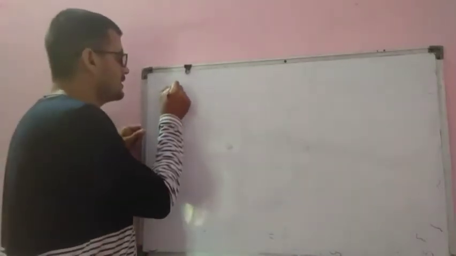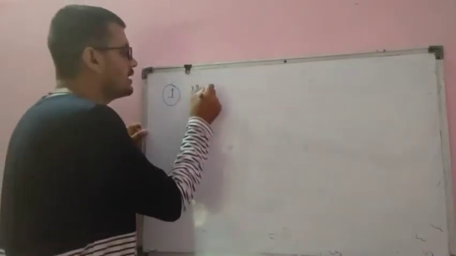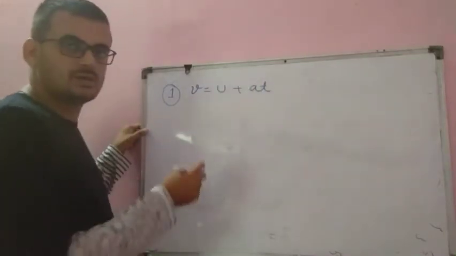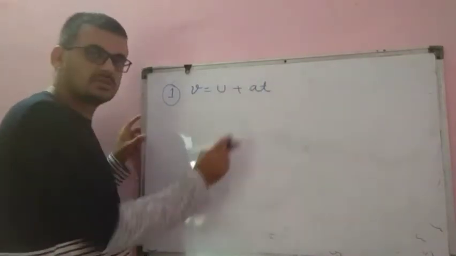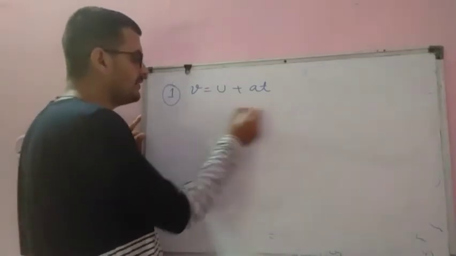So student, what is the first equation of motion? v equal to u plus at. First we will prove this equation by using the calculus method. How will we prove it?